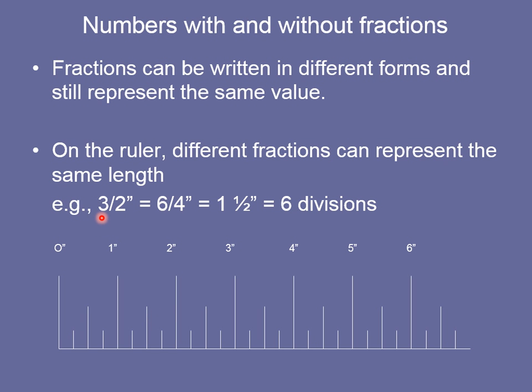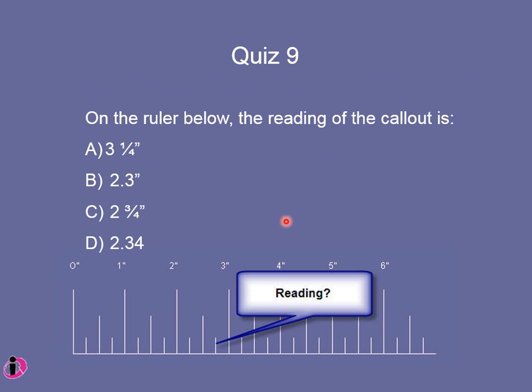This is 3/2, which is an improper fraction. The next one is 6/4, which is again an improper fraction. The last one is a mixed number, 1 1/2, but all of these are actually the same on the ruler. Okay? So that means even if different fractions look different, they are actually the same. And we'll know soon how we can identify such fractions, and we can tell whether they're the same or not. Okay?